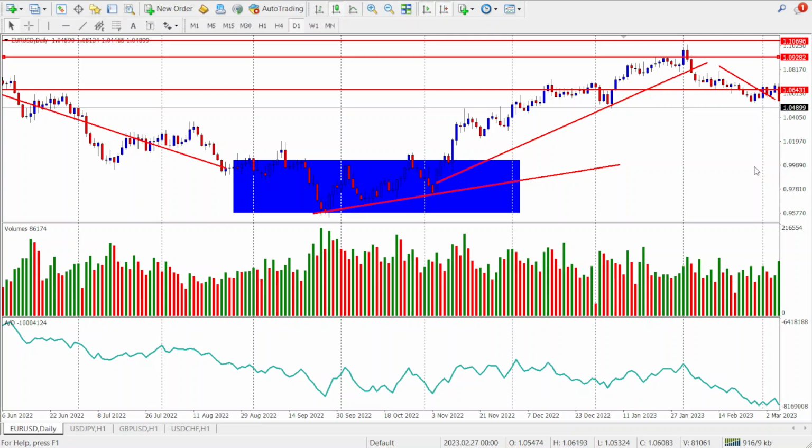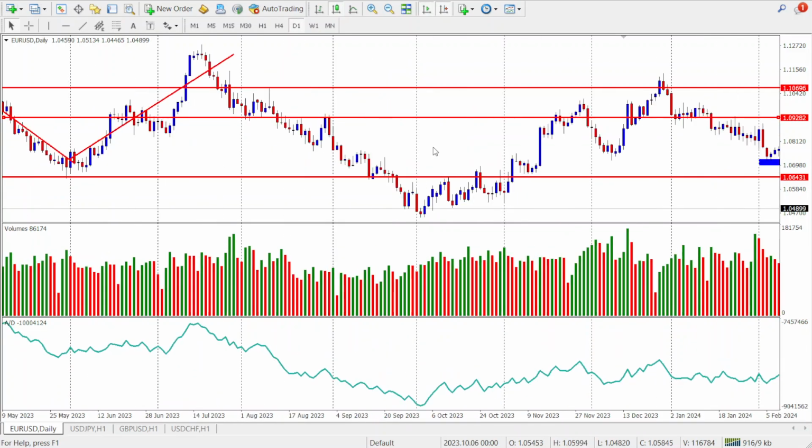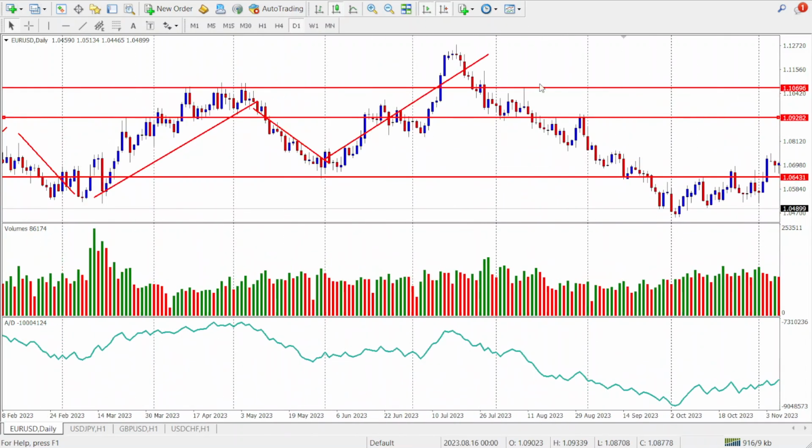Price creates higher lows within a range, hinging at a future breakout. Then during a distribution pattern, price forms lower highs. All right, so if you find such a scenario, although we didn't exactly have that happen around here, that is for the distribution.